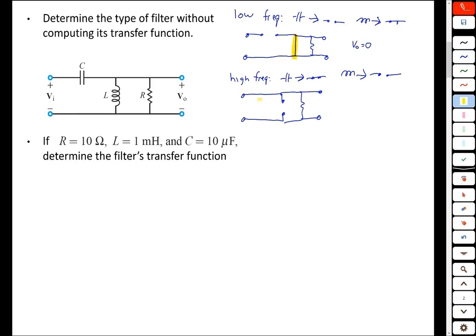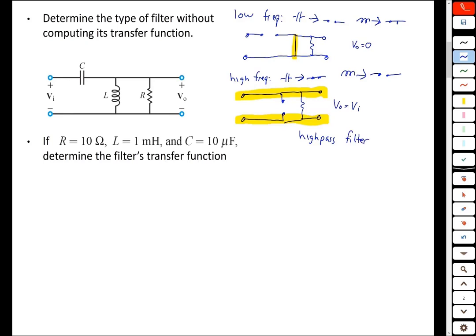Now what we see is that you just have wires connecting the input directly to the output. So we see that V out is going to equal V in. So from this we see at low frequencies the output is 0. At high frequencies the output is just going to match the input. So we can see from inspection that this is a high pass filter.